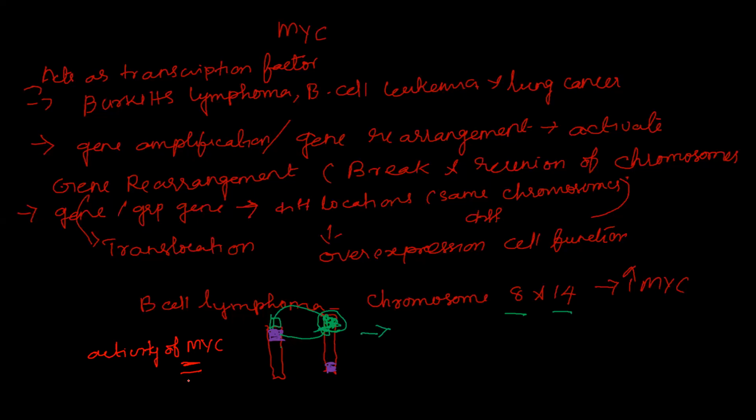Otherwise, there are other proteins which will oppose the activity of this MYC gene. Therefore, an increase in either protein will offset the balance. A balance has to be maintained between this MYC gene and the other protein. Otherwise, an imbalance will be created, and it will affect cell growth or cell division.